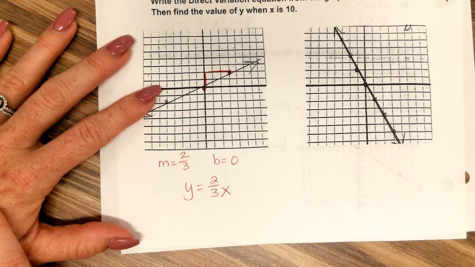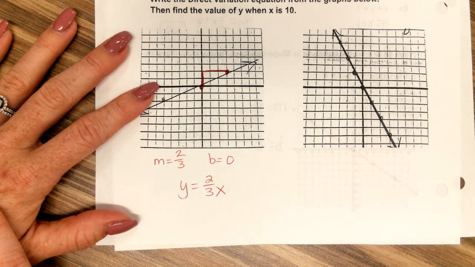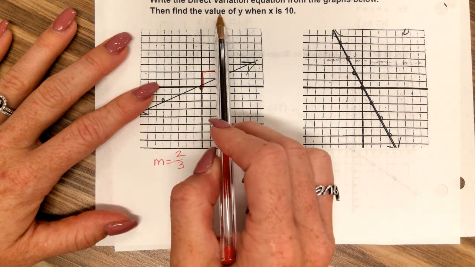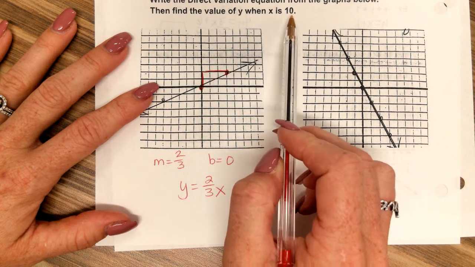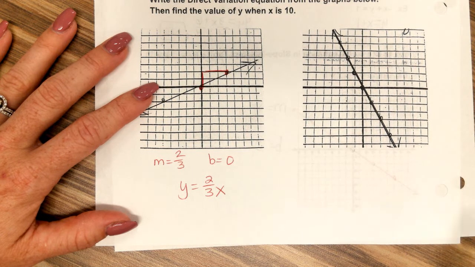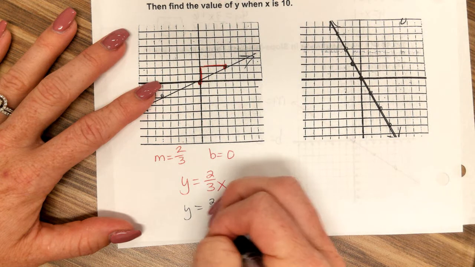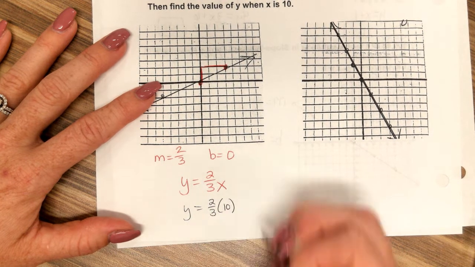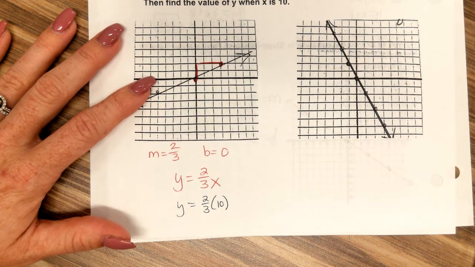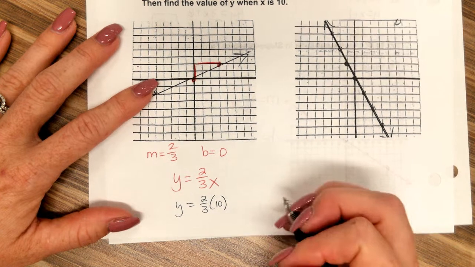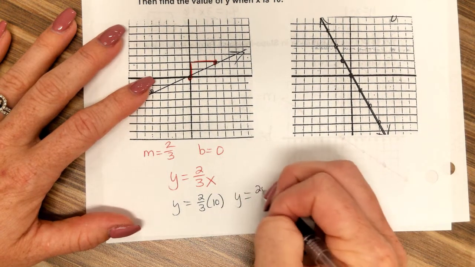Now what does it want us to do? Find the value of y when x is 10. So what do we do? Plug it in. So I'm going to do y equals 2/3 times 10, which is 20/3, if I multiply straight across.